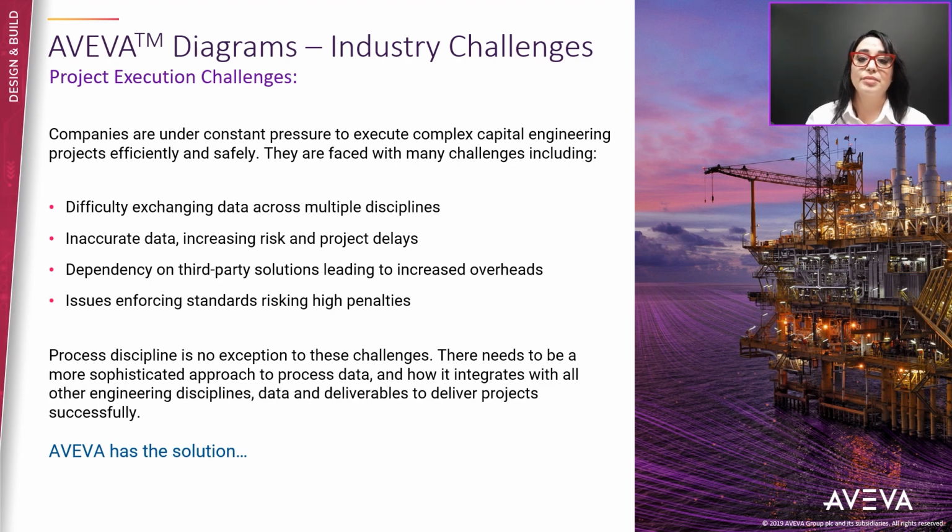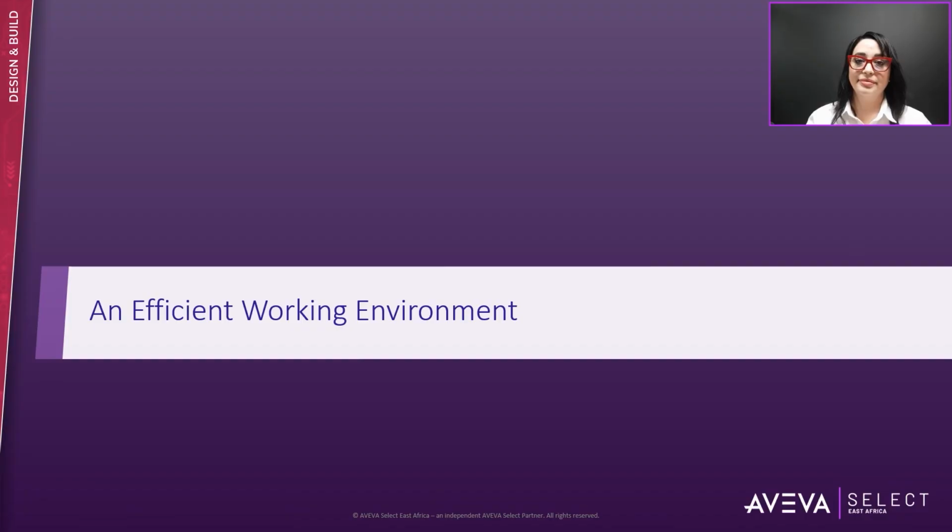That means our customers require a 2D drawing and management tool that integrates with supporting software through the feed and detailed design project stages, facilitates project work sharing, is easy to adopt with intuitive user interface, is flexible and configurable, allowing the reuse of standards and symbols, an efficient working environment.